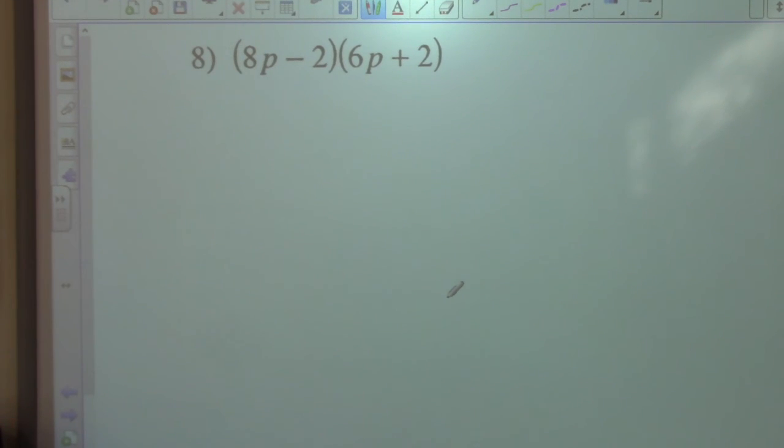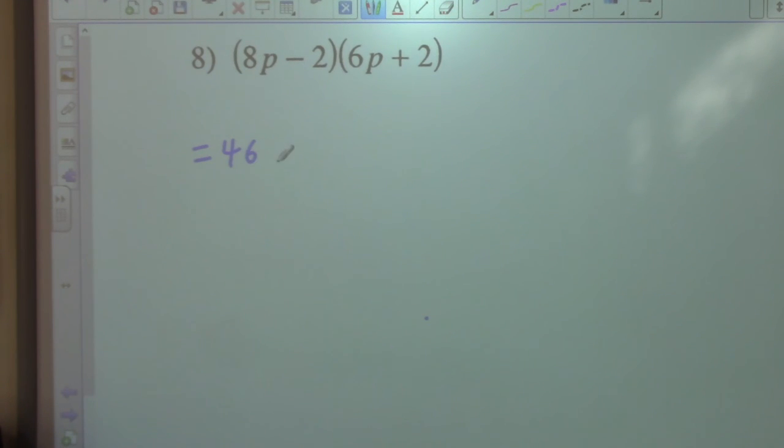What do we have here, Corgale? I got 40x squared plus 4, but it's not an x, it's a p. So what'd you get? 46p squared.